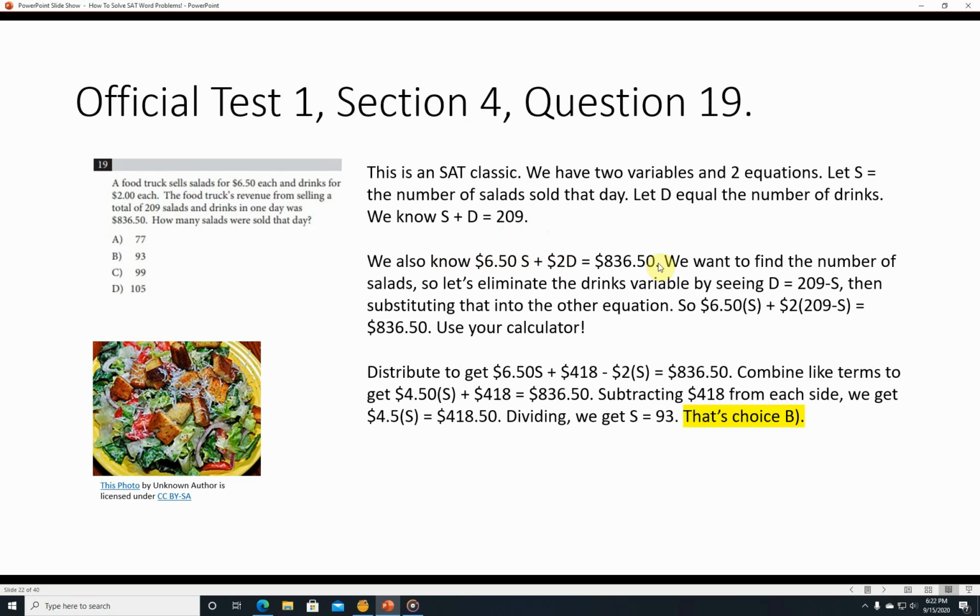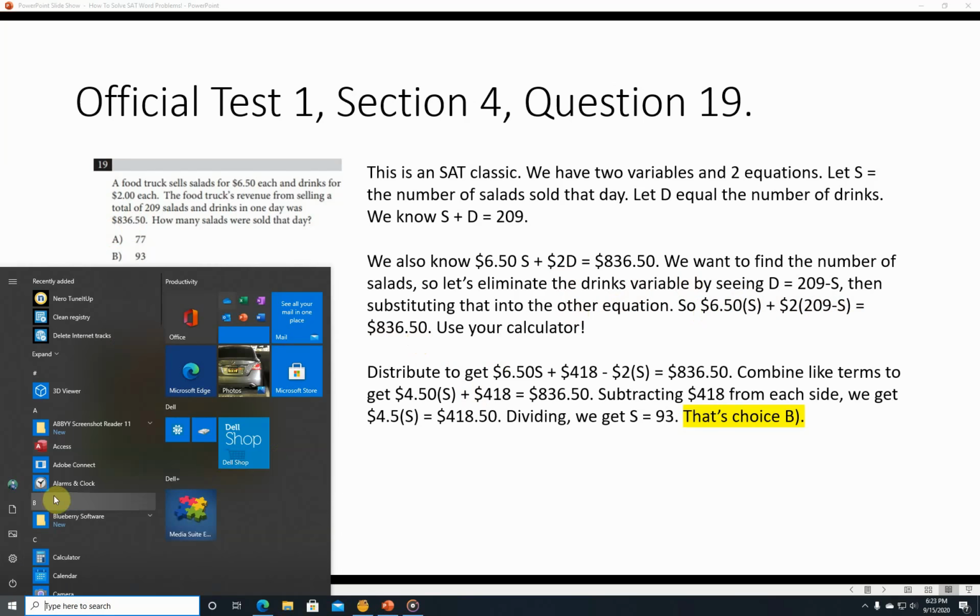We want to find the number of salads, so let's eliminate the number of drinks by seeing that D is equal to 209 minus S, and then substituting that into the other equation. So we end up with 6.50 times S plus 2 times 209 minus S equals $836.50. Use your calculator.